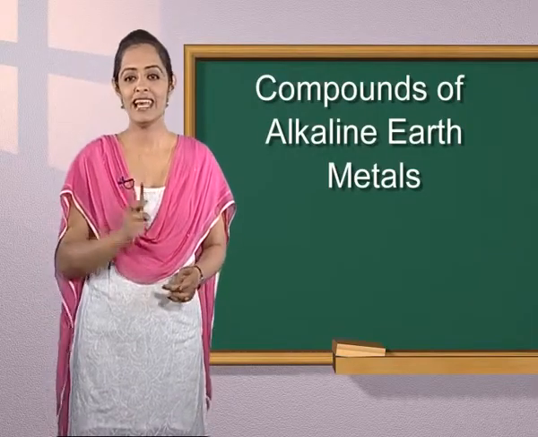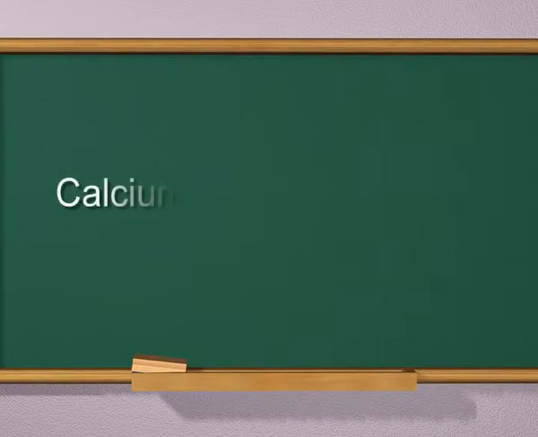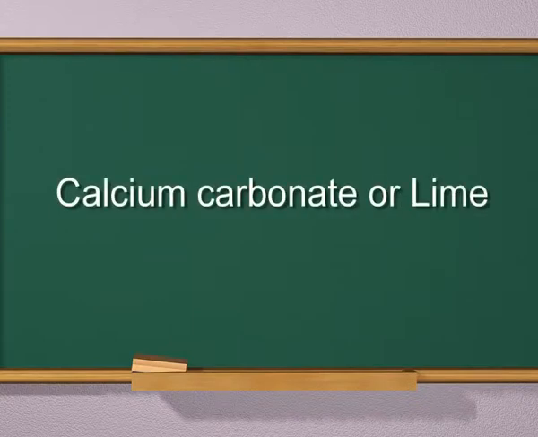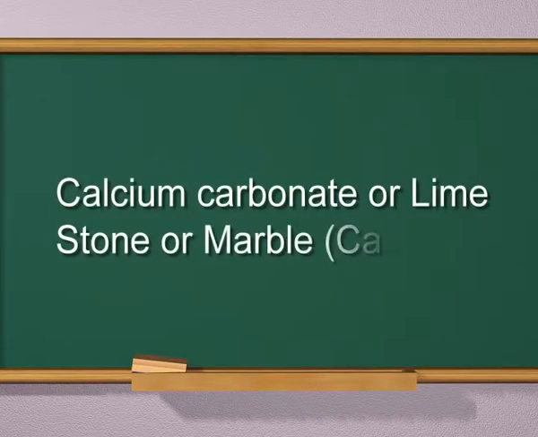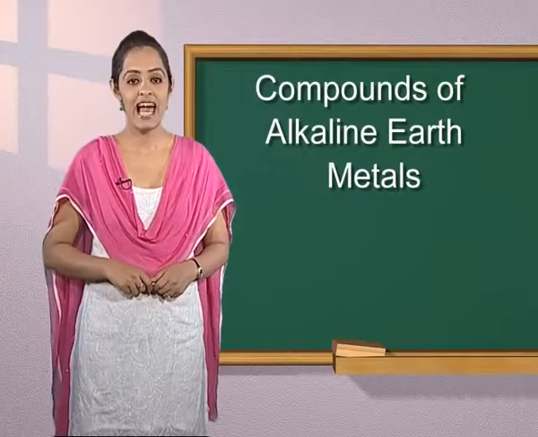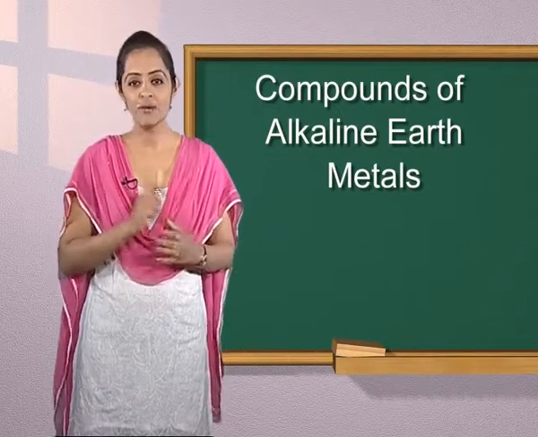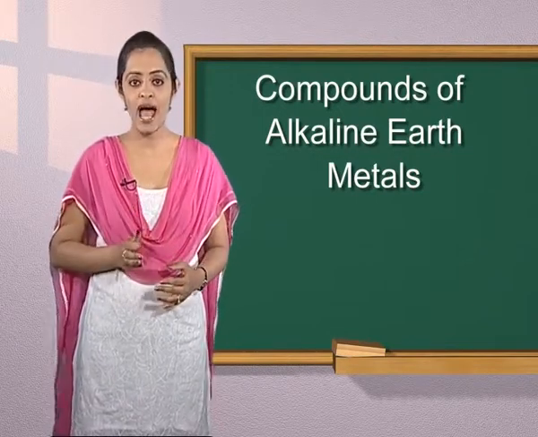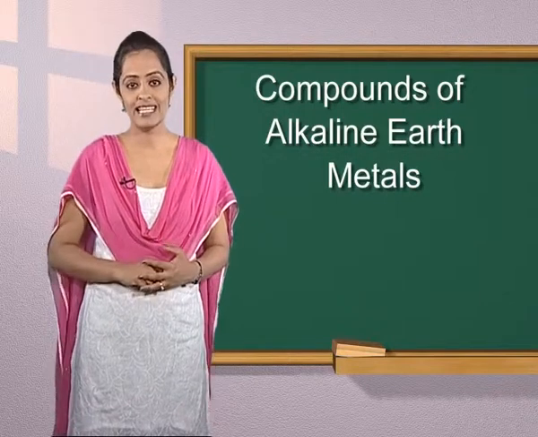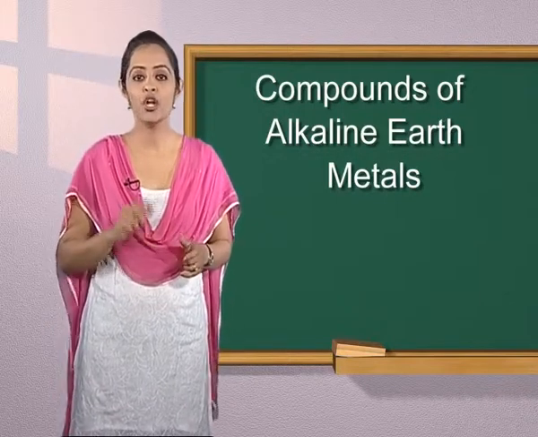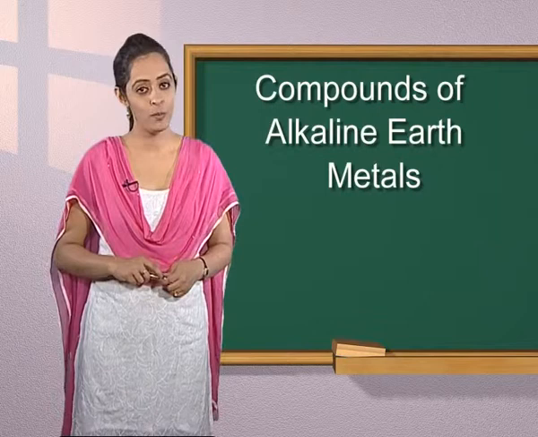Children, let us now learn about calcium carbonate or limestone or marble. Calcium carbonate occurs in nature as limestone and also as marble rocks. It can be prepared on small scale by few methods.